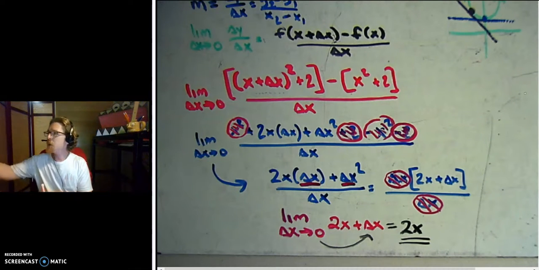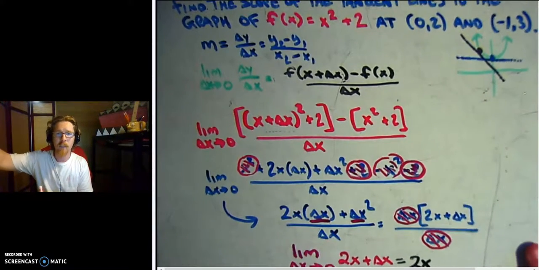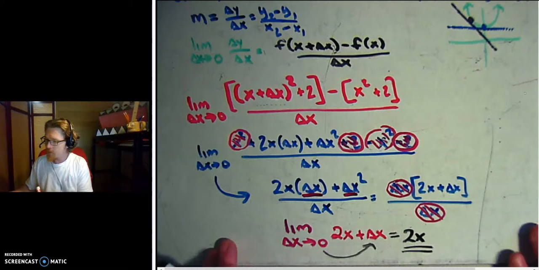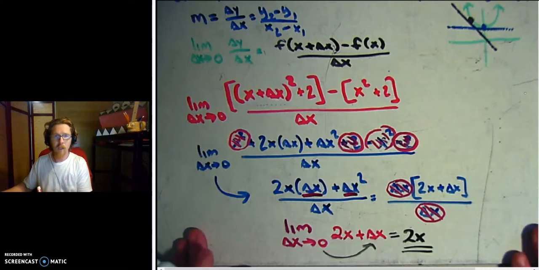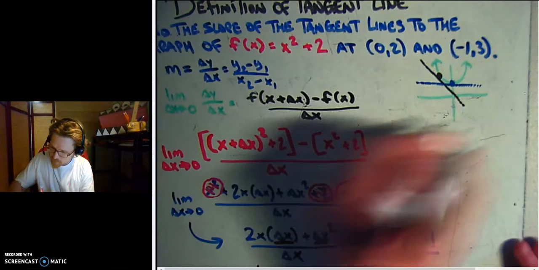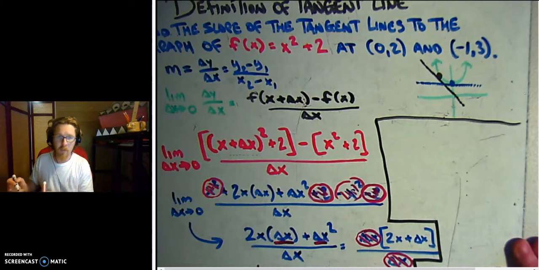So what did we just do? Going back to our original question, this is as far as I can zoom out, guys. So my answer is 2x. My question was to find the slope of the tangent lines. Just to write this up, here's what this answer means. Let me block this off.